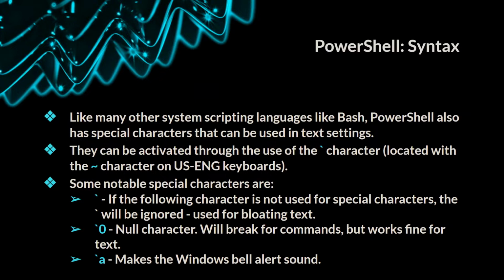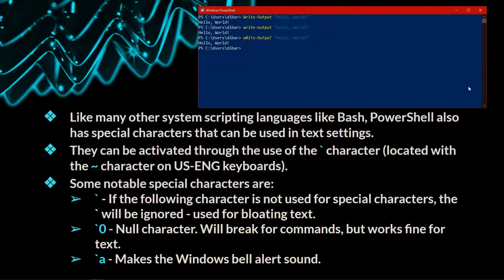If the character that follows the backtick, let's say 0 or A, as an example, is not reserved, then, to explain this better, most people will see \n, and a lot of languages interpret that as new line. But if you do something like \5, most languages that doesn't mean anything.